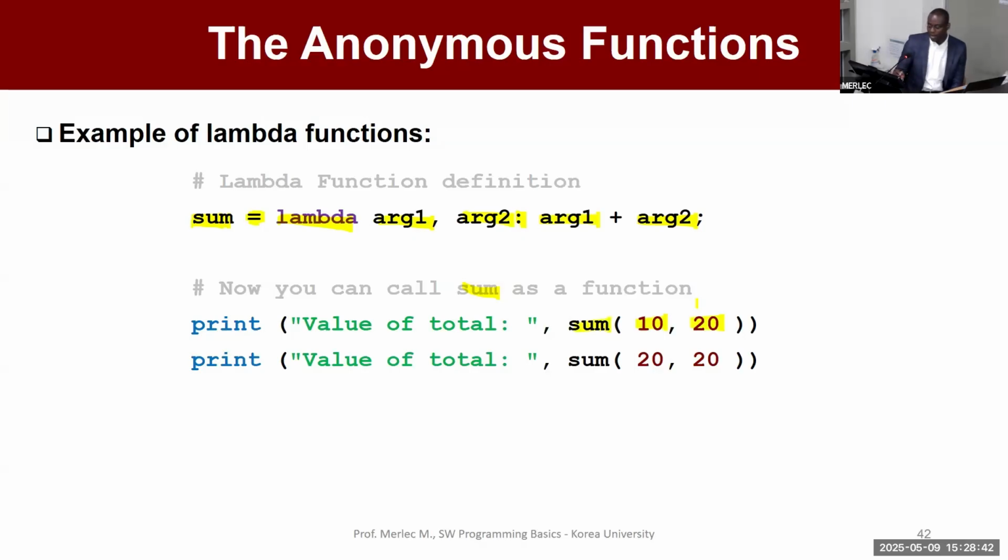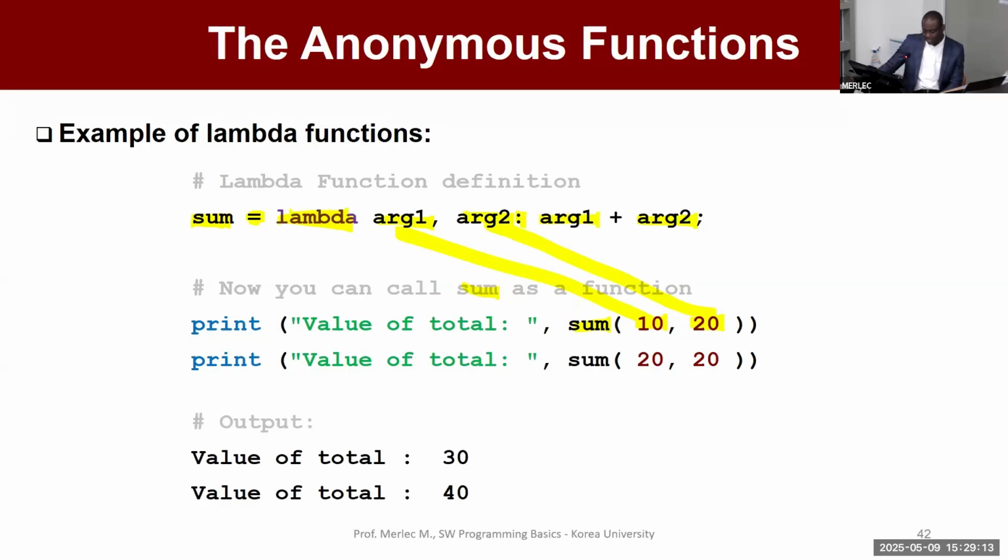So the interpreter will understand that sum will receive two parameters that will be sent to the lambda function, and 10 will be mapped to argument 1, 20 will be mapped to argument 2. And then the print will print the result of that lambda function execution. That will be 30.